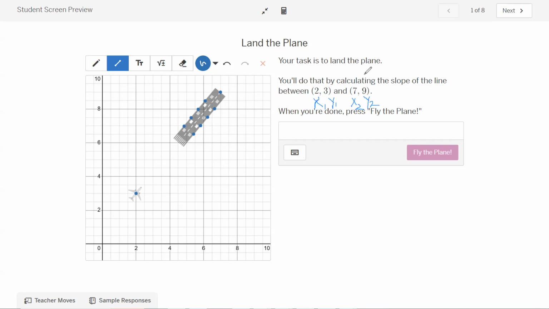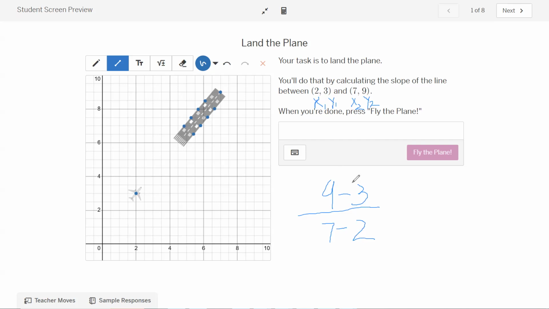Okay, so my equation, y2 minus y1 divided by x2 minus x1. So my y2 is 9. My y1 is 3. My x2 is 7. My x1 is 2.